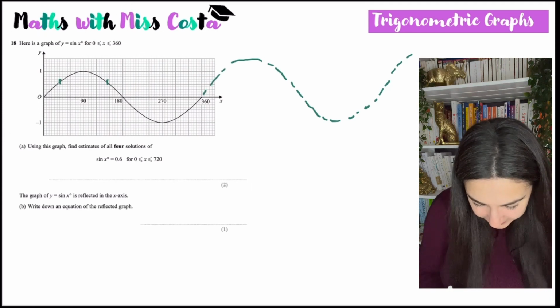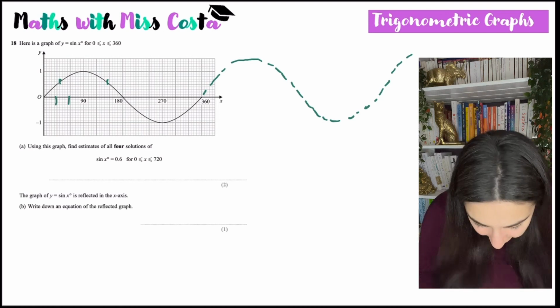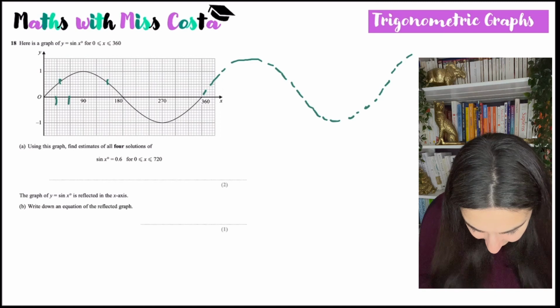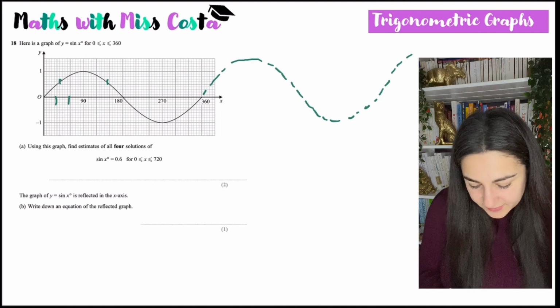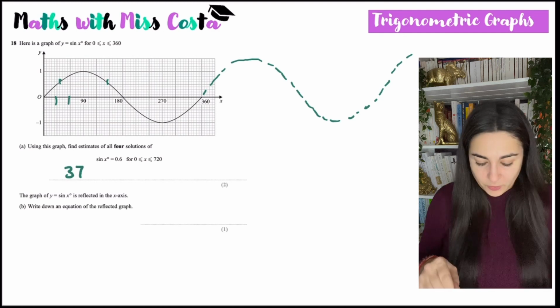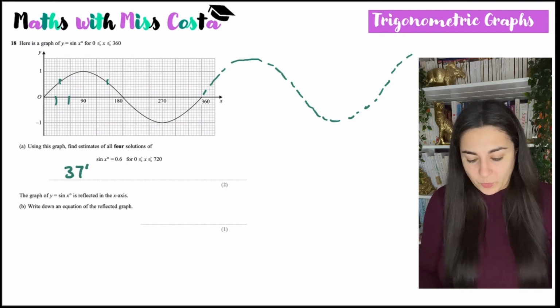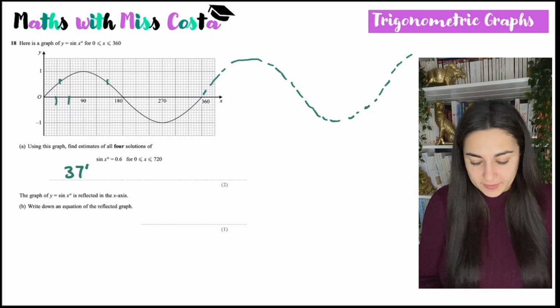Well, I know this is 90, so that's going to be 30, 60. So that would be 30 going up in tens. Okay, so I'm going to say 37 degrees. But what matters here is whatever your accuracy is, as long as you're doing a symmetrical part. So if you said this is 37 degrees and the opposite one here, it's a mirror, isn't it?